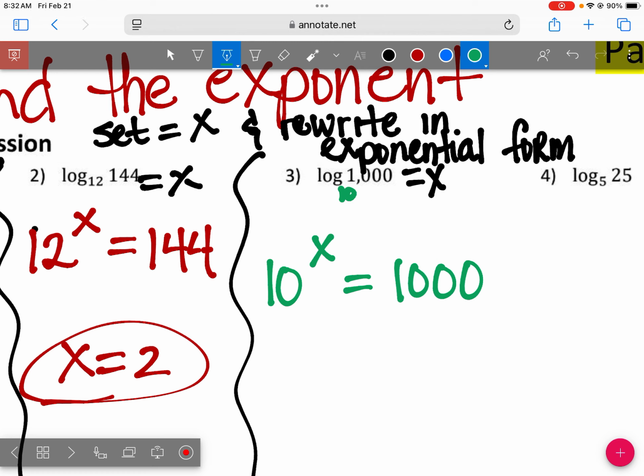Whenever a number is not there, it's 10.